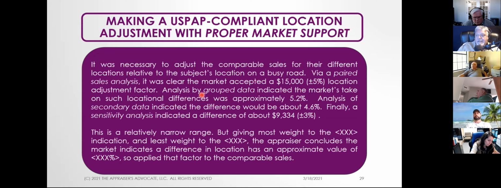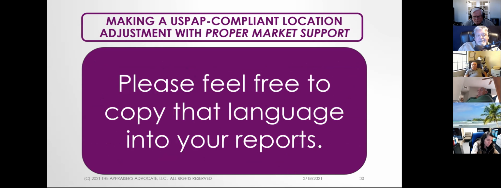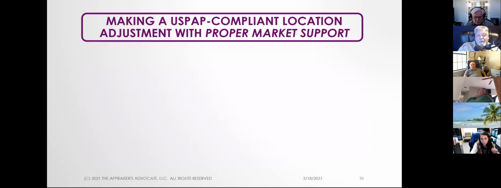So we've explained what we did, how we did it, and why we did it. And based on that, we explained why we came up with whatever adjustment we decided on, 4.5%, 5%, whatever it is. Again, please feel free to copy that language into your reports if you're comfortable with that. This is copyright protected, but that's fine with us. We have no problem with that.